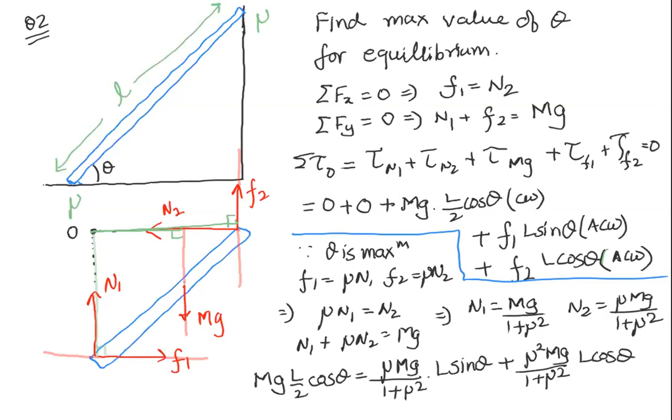So throughout this mgL will go away. And if I divide this by cos theta, then I'll get half is equal to tan theta into mu upon 1 plus mu square plus mu square upon 1 plus mu square. Okay.